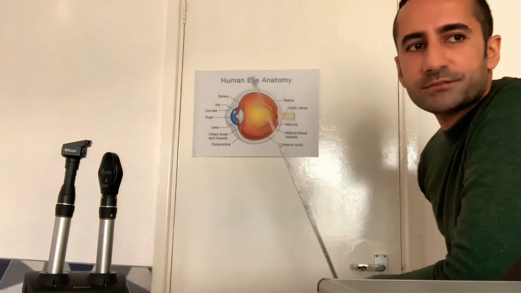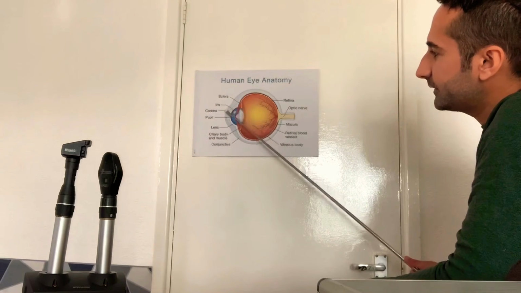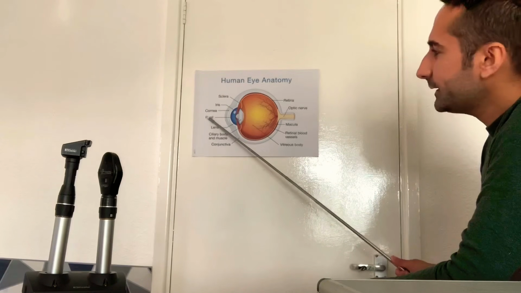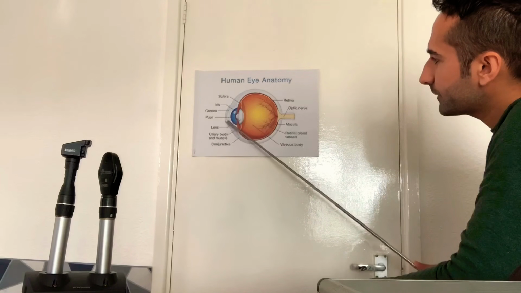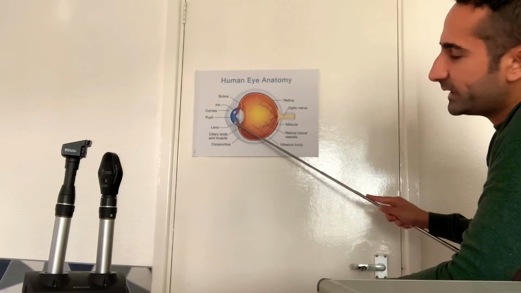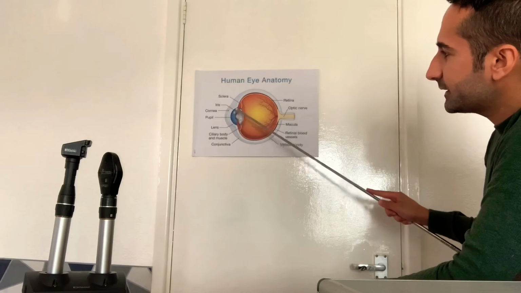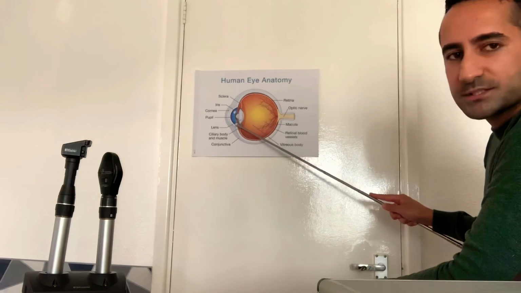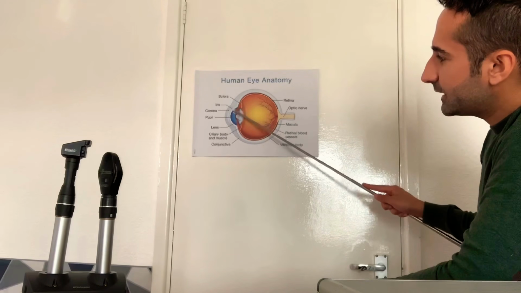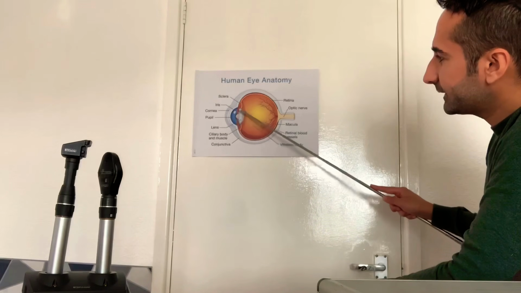So at the front of the eye, the window itself is the cornea. Then we have the anterior chamber, the space between the anterior iris and the posterior cornea.